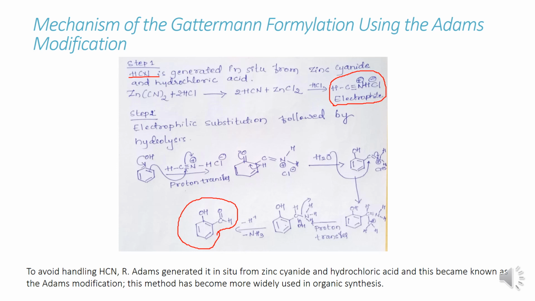Formylations are carried out with different reagents. In Reimer-Tiemann, a different strategy is used. In Gattermann, a Lewis acid like zinc chloride is used. In the case of Reimer-Tiemann, a carbene is generated.